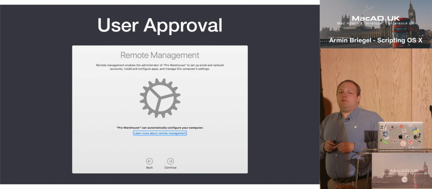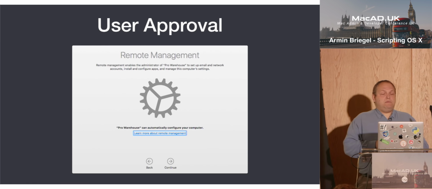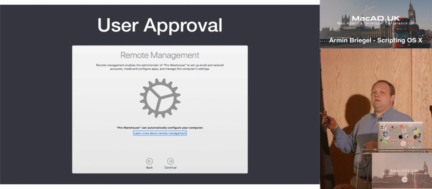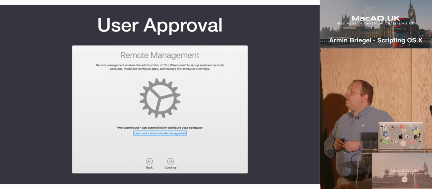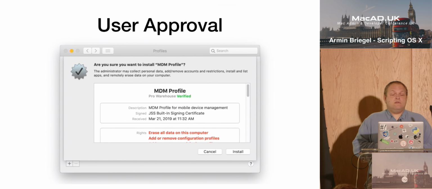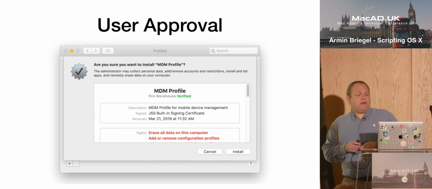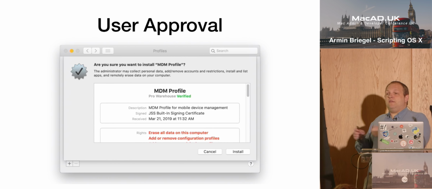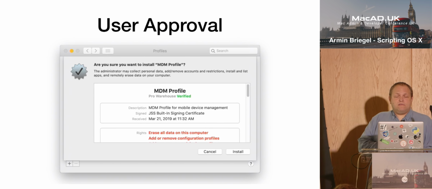User approval can be given in 3 ways. It happens during automated device enrollment with DEP. When the user clicks continue here, and a local user has to click continue here, user approval is given. When you install the MDM profile by double-clicking the profile file, you will get this dialog with a nice warning. This looks different in different versions of macOS.